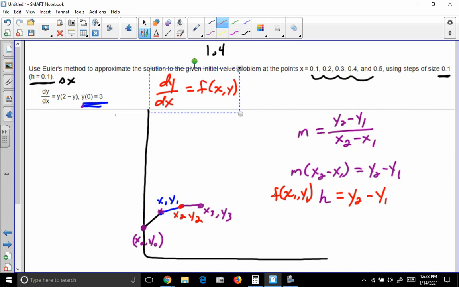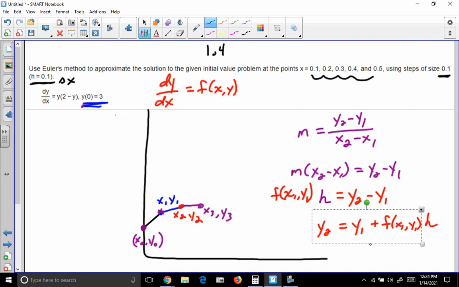So this is the slope on the left side of our interval, and this is the change in x that will give us the change in y. Well, if I know the y I started with, I can find the next y. So we're going to add y1 to both sides, and we would get y2 equals y1 plus f of x1, y1 times h.